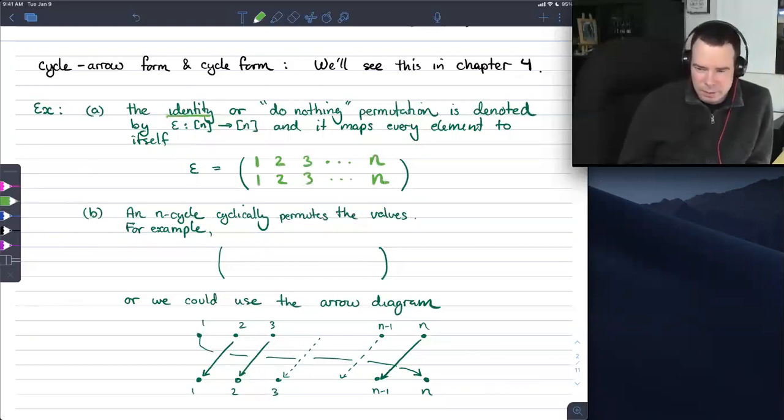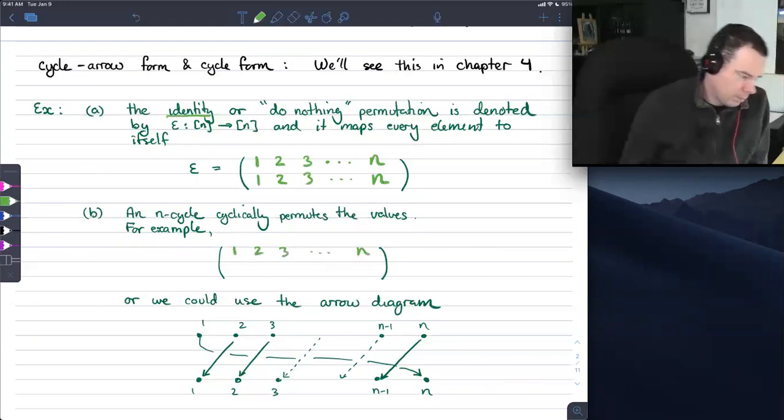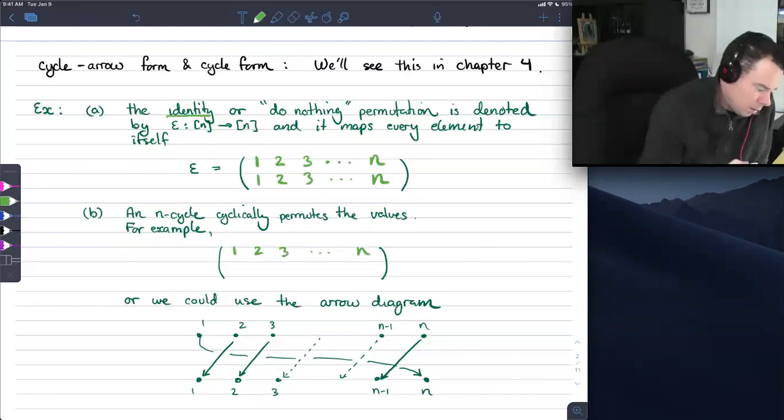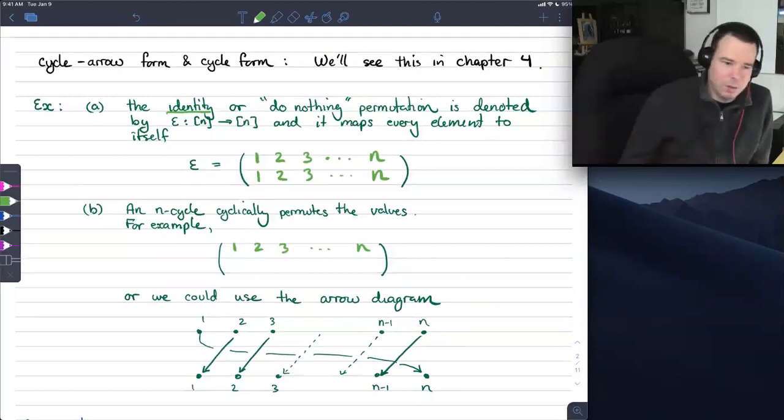An n cycle is a permutation that cyclically permutes n values. So if again we write down our n values, I've drawn a picture down below in terms of the arrow diagram to capture this. To cyclically permute, there's a couple of different directions we could permute these.